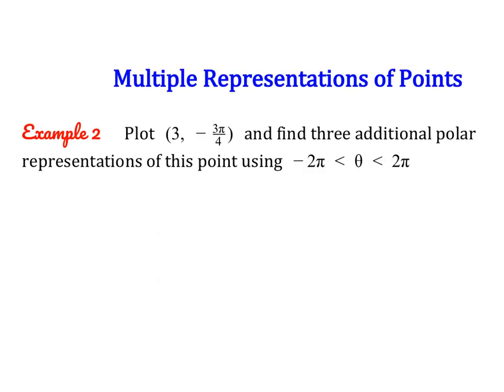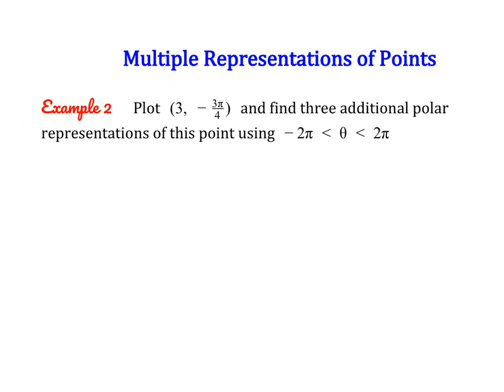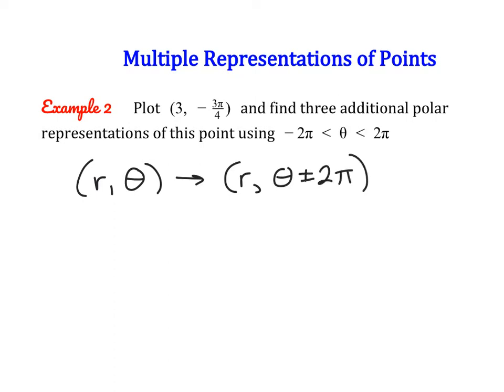So let's talk about these different ways to represent them. Of course, you can probably guess that one way we can represent another coordinate for, let's say, r, theta, is we can just do a full rotation to the left or right. So we can say r, theta plus or minus 2 pi. That's absolutely one way to do it. Another way to do it is using a negative r value.